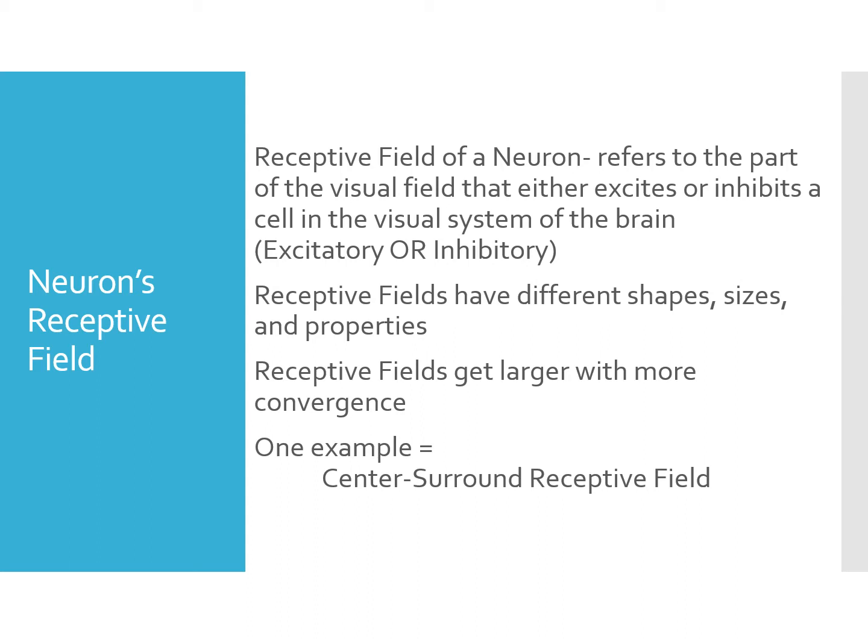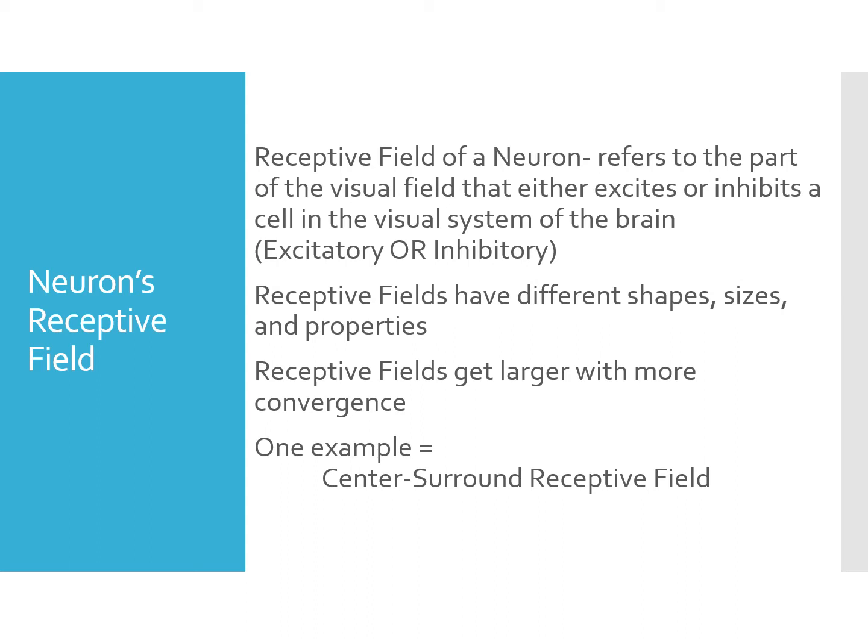Just note that whether I'm having an excitatory or an inhibitory effect on a neuron, I'm part of that neuron's receptive field. Really, what we're talking about is the visual field, so the receptors that are responding to some part of the visual field and then communicating on to neurons. Those receptive fields have different shapes, sizes, and properties.